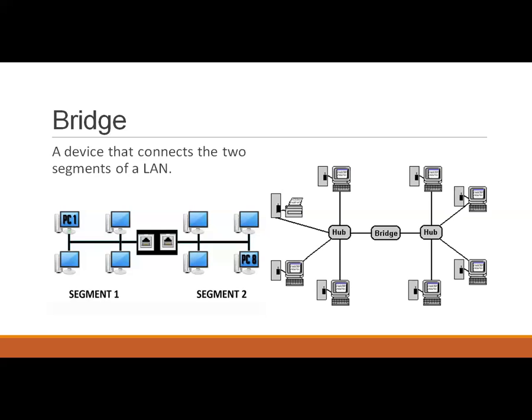This diagram might give you a better visual representation of that: there are two networks, both in star topology, and a bridge is just a device joining their hubs. The bridge is a device that connects the same type of network.